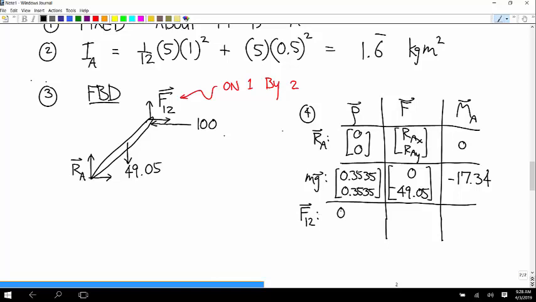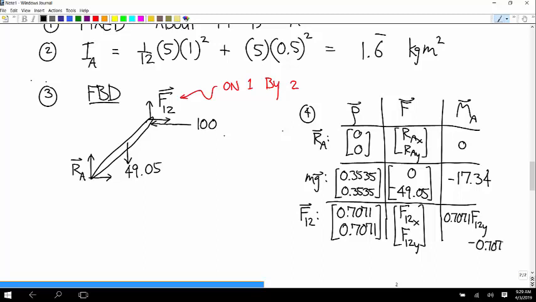And then the force F12. The rho vector is 0.7071, 0.7071. The force is F12x, F12y. And so the cross product is 0.7071 F12y minus 0.7071 F12x.